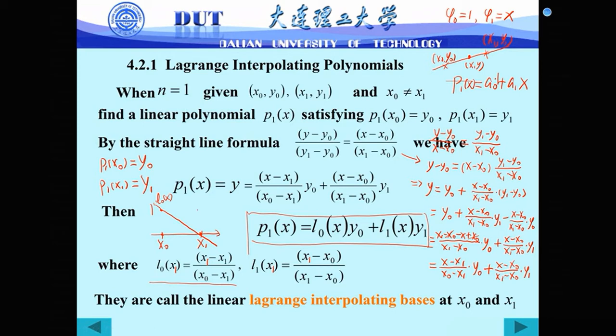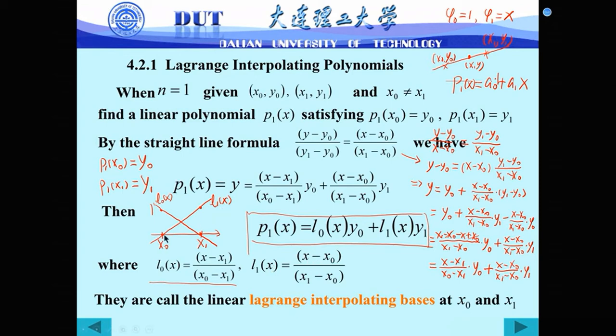That means these two points determine this straight line, so this straight line is the graph of L1(x). Now you should understand the geometric meaning of the two functions L0(x) and L1(x). Clear? These two straight lines.